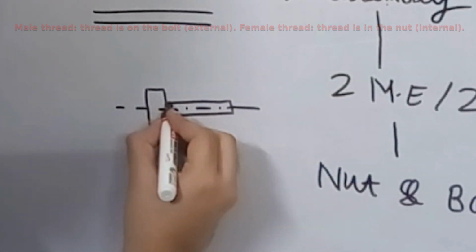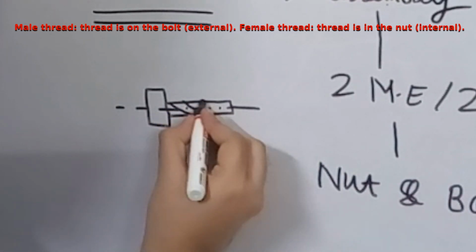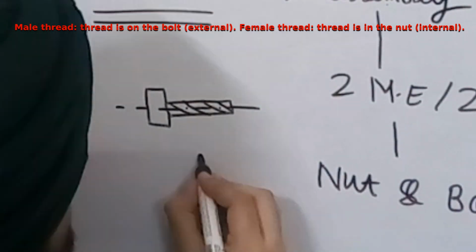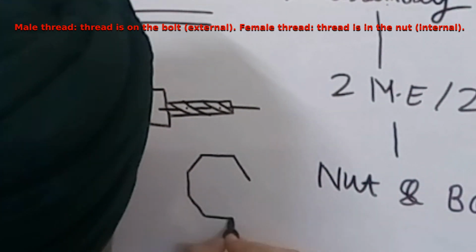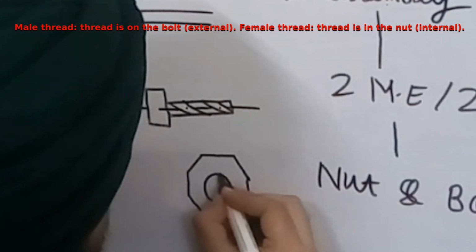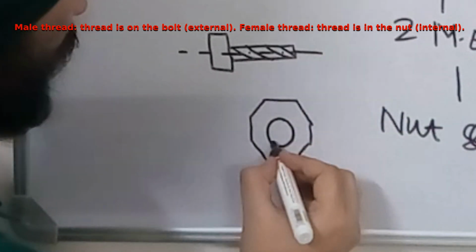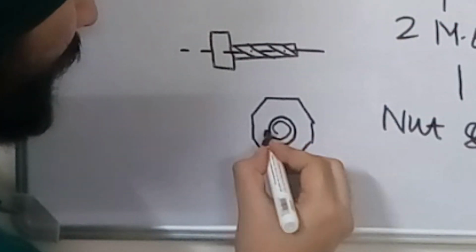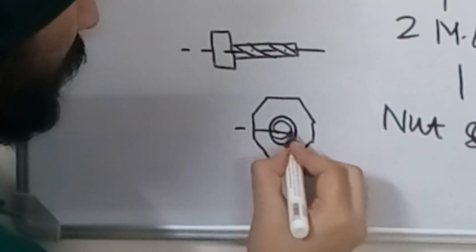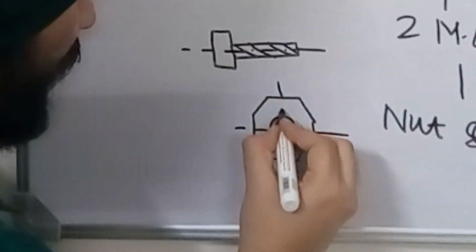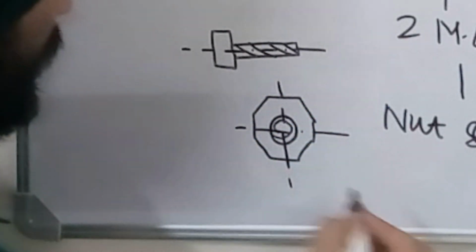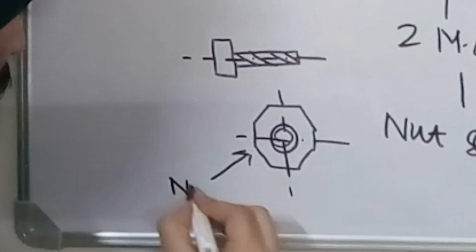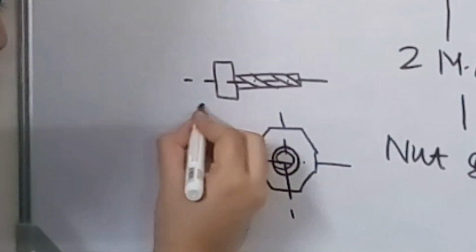You can see that there will be some threads, right? This will also have some threads, right? Just to conceptualize, I'm drawing like this. This is the center line, okay, imaginary one. So this is our nut and this is our bolt.